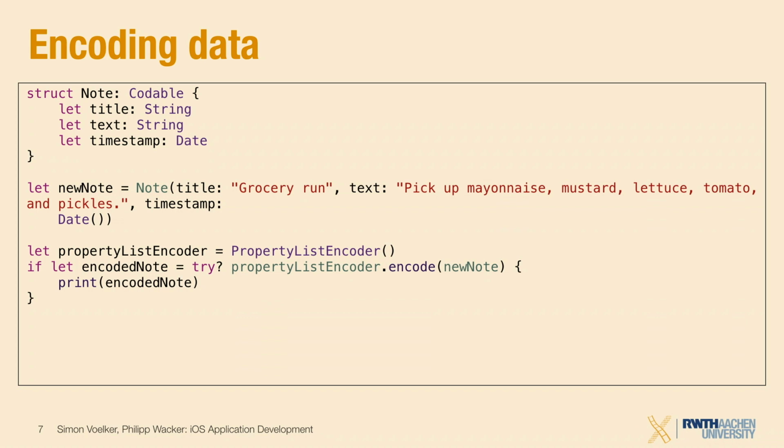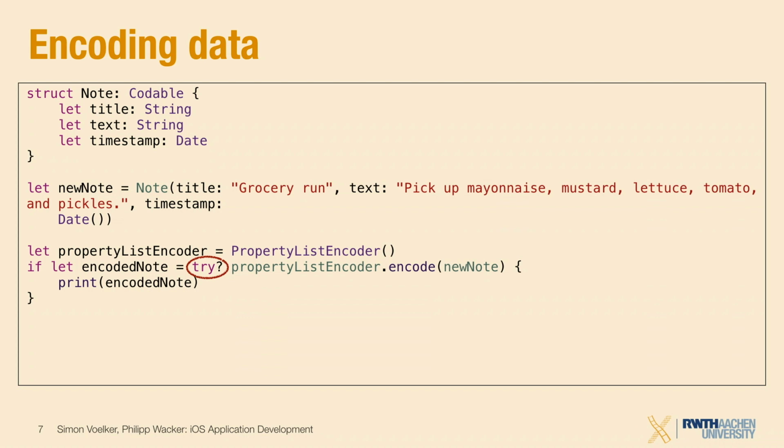That means basically that this call can fail, because it could be that you try to encode something which is not Codable or doesn't fulfill the Codable protocol. For example, if I just remove the Codable protocol conformance from the node, the compiler will throw an error here, saying it doesn't follow Codable, so it cannot work.